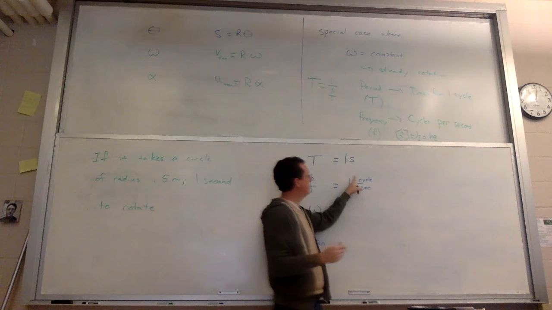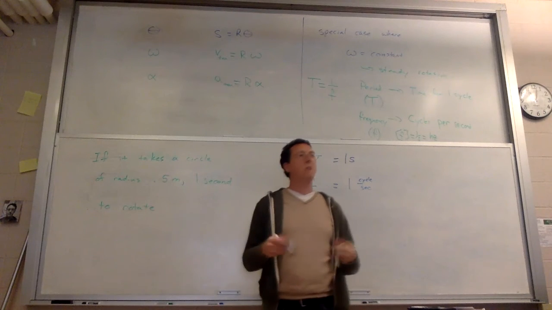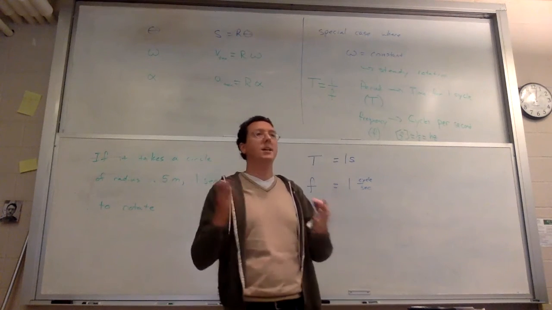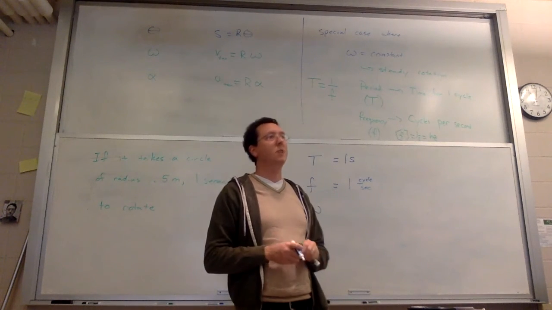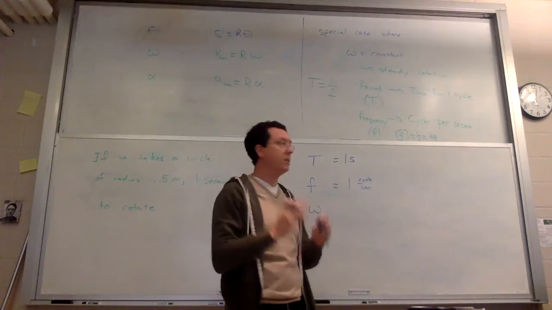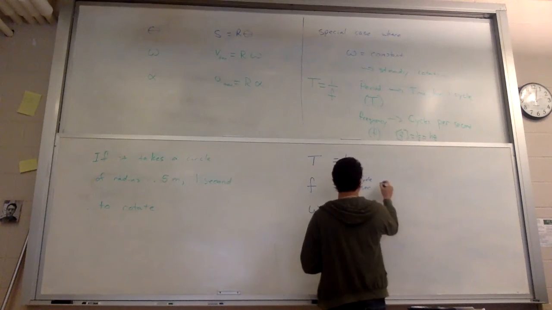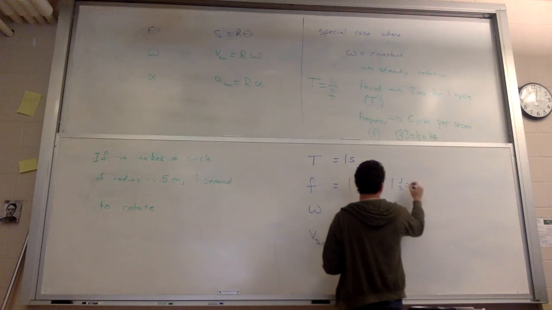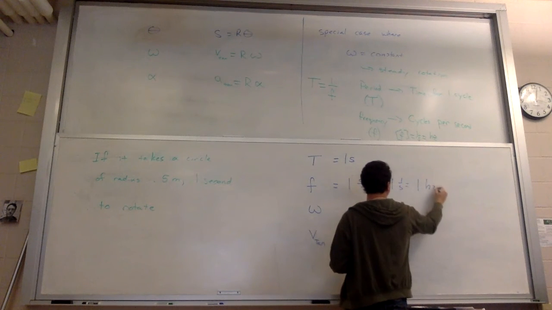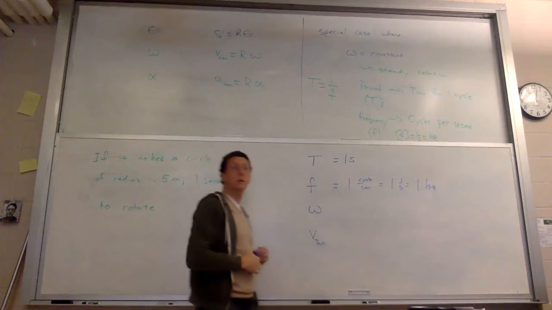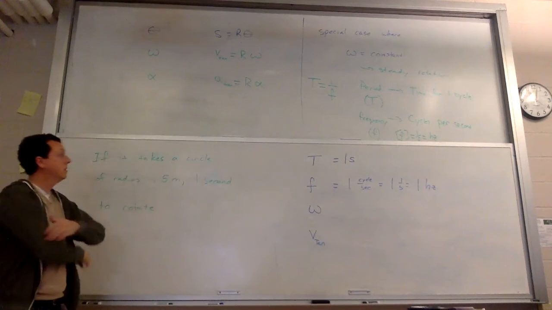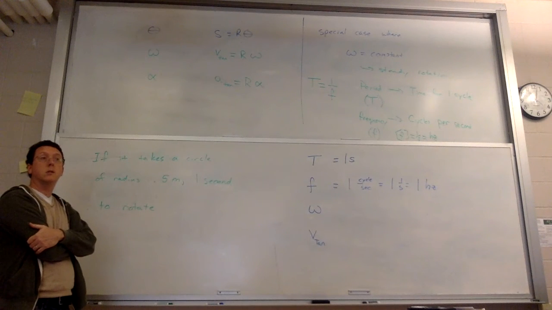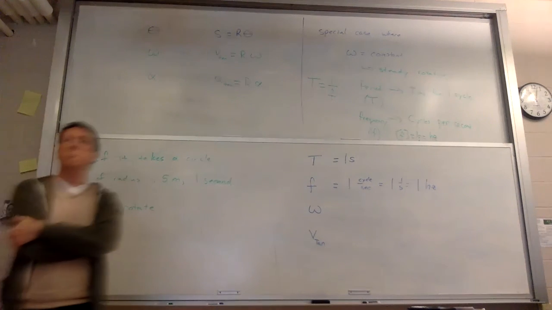Writing cycle is kind of like writing radians. It's a fake. It's a counting. It's not really a unit. It's really an indication of counting numbers. Right? And we write that as 1 inverse second, or better, 1 hertz. Okay. How many people had that much?